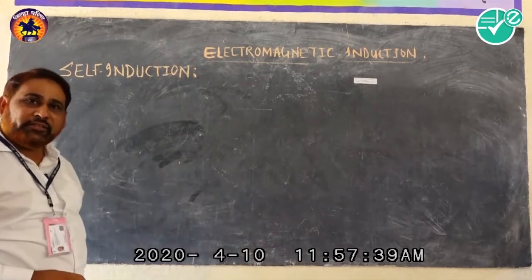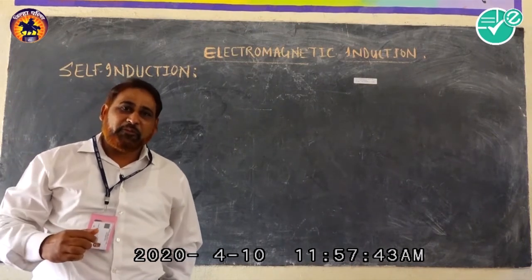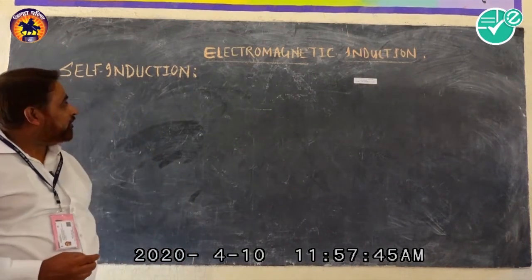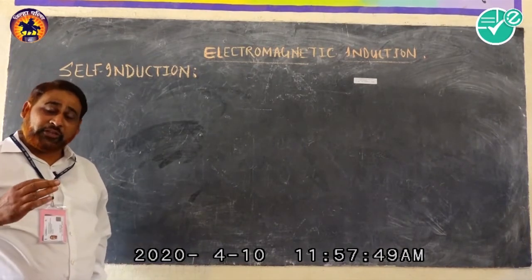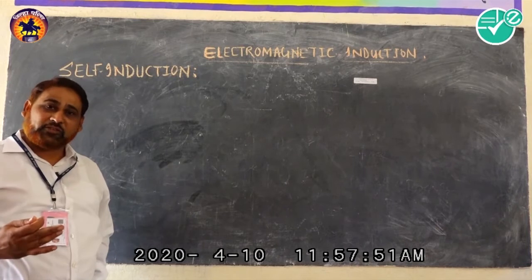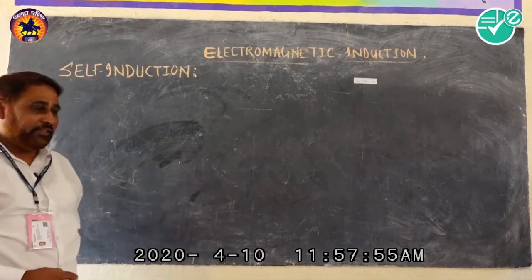You have already learned the concept of self-induction. Then, with the help of PPT, we have seen that the phenomenon of production of induced EMF in the coil due to the change in flux in the same coil is called self-induction.